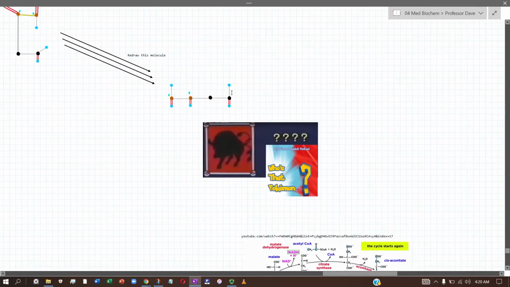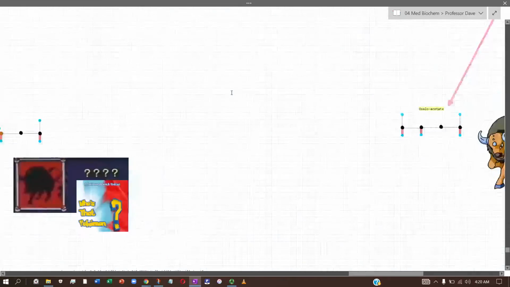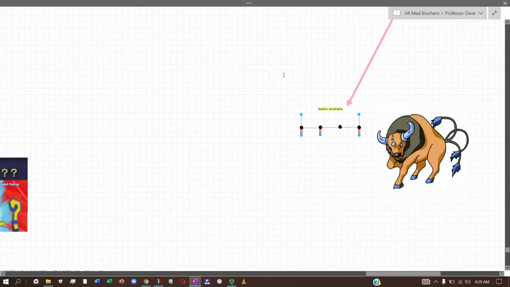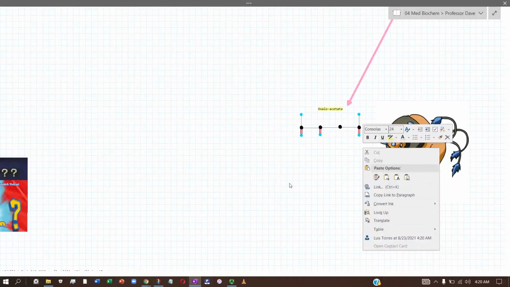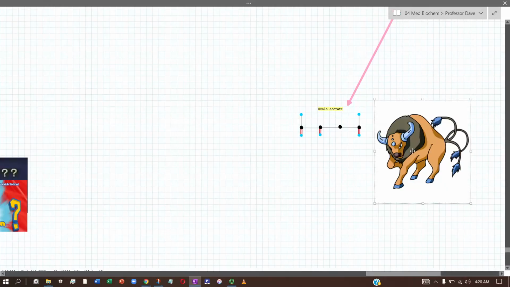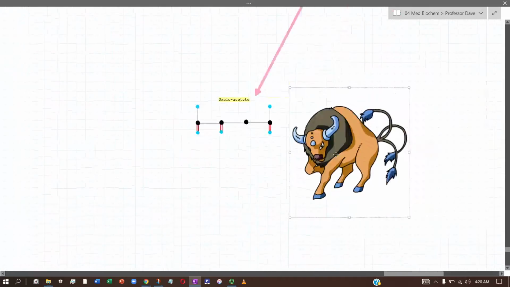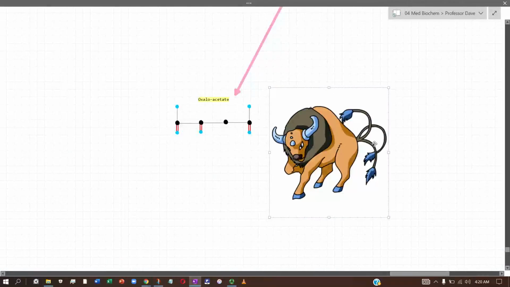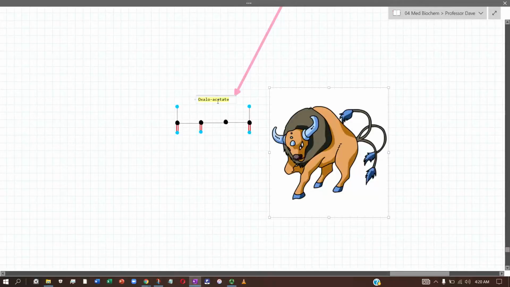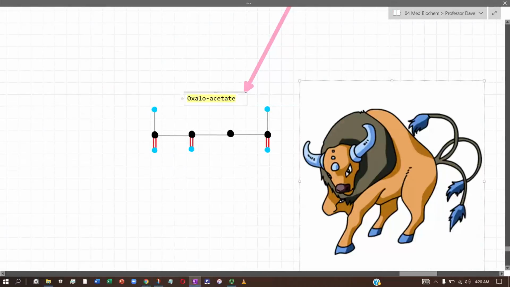Well, that molecule looks an awful lot like oxaloacetate. And here I have Taurus as a reminder, because you can also think of him as an ox, kind of animal, and that reminds me of oxaloacetate.